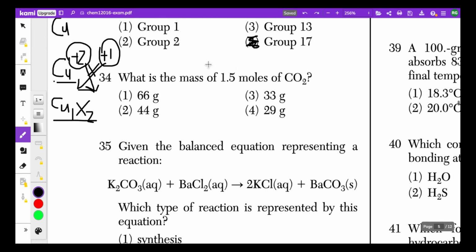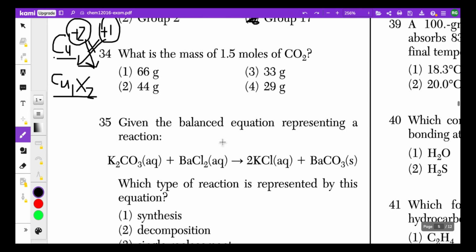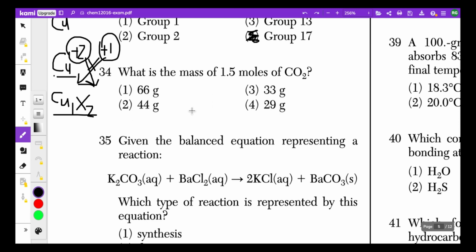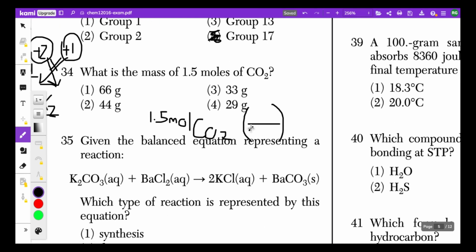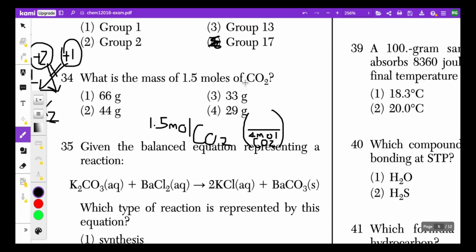What is the mass of 1.5 moles of CO2? Now we're going to use something called the molar mass. So you have 1.5 moles of CO2. All right. And what you're going to do is set up dimensional analysis, and say that for every 1 mole of CO2, you're going to have to find the molar mass of this.